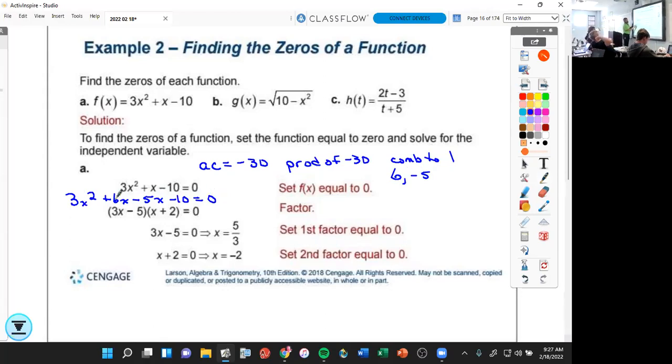What does this first pair have in common? 3x. First pair has a 3x in common. So if I factor out that 3x, what's left? x plus 2.